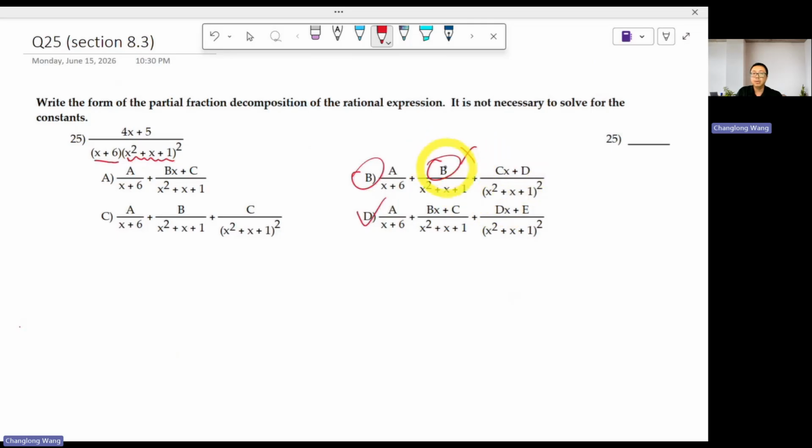It's like you have to be open to the worst case scenario. Don't always assume that it's going to be as simple as a constant. So the rule is either the original fraction or those partial fractions must be in a form that the numerator has to be at least 1 degree lower than the denominator.